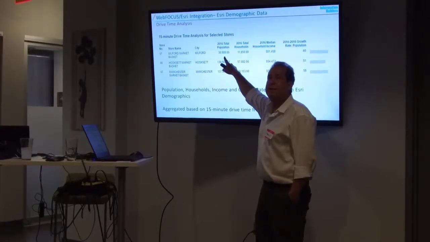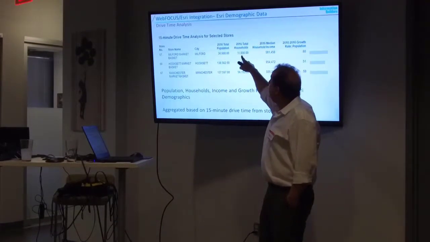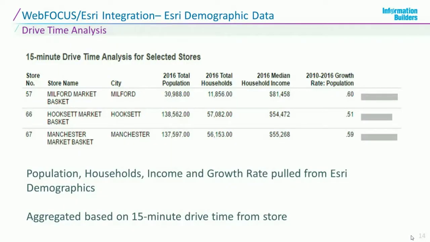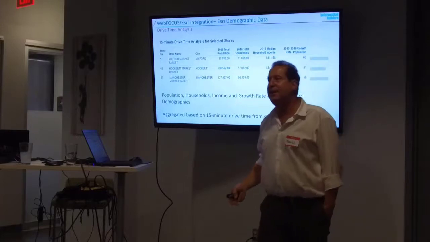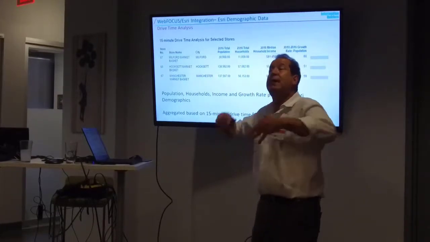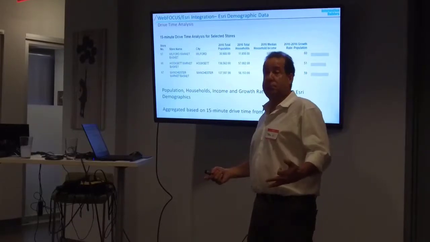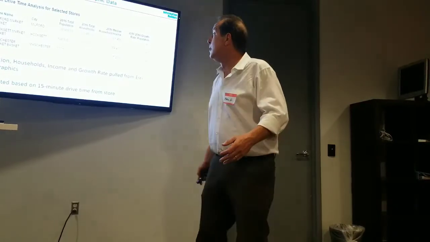They all have to eat. There's the number of households, 11,856. There's the median household income. Okay? And here's the projected growth from 2010 to 2016. So we can kind of analyze this and say, there's a lot of people here, and this area is growing. This store should be doing pretty well. Maybe it is, maybe it's not, right?